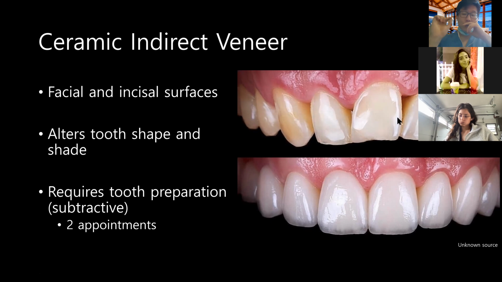Because ceramic has to have a minimum amount of thickness in order for it to be strong and long-lasting. So it usually takes about 2 appointments. The first appointment is you prepare the teeth, and then second appointment is you deliver the ceramic crown. Because after you prepare the teeth, you're going to take an impression and send it to the lab, and then the lab is going to make it, and then you bring the patient back, and then you cement the veneers.